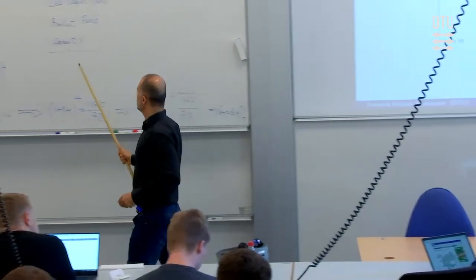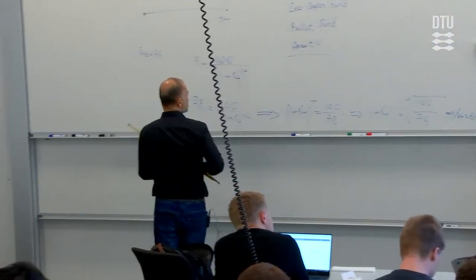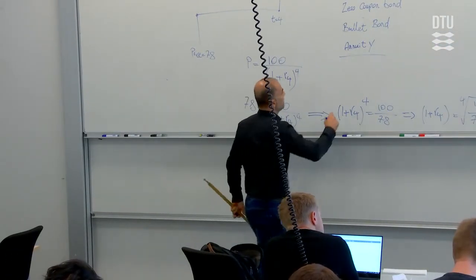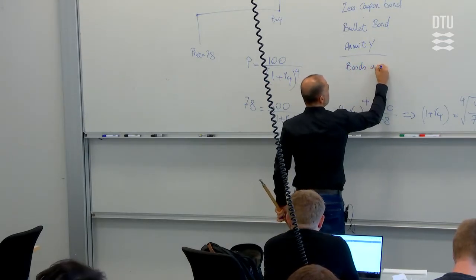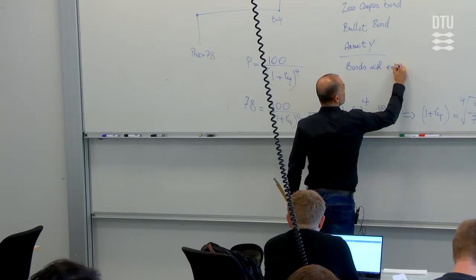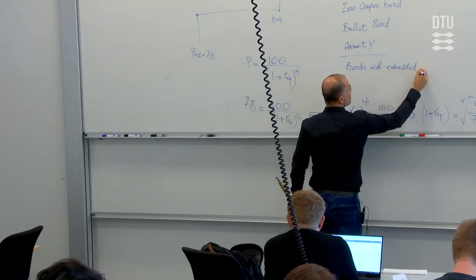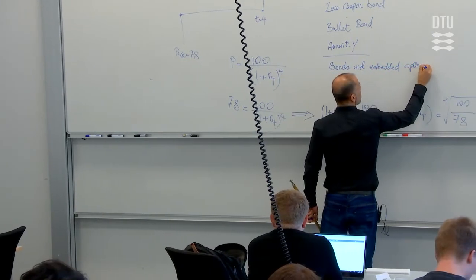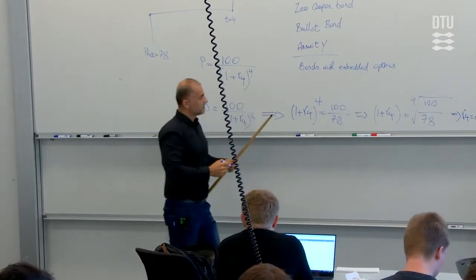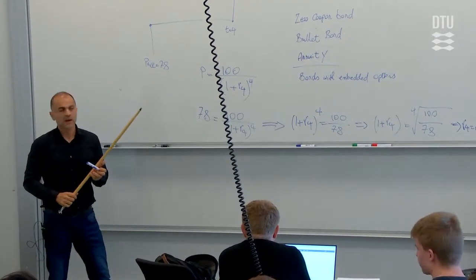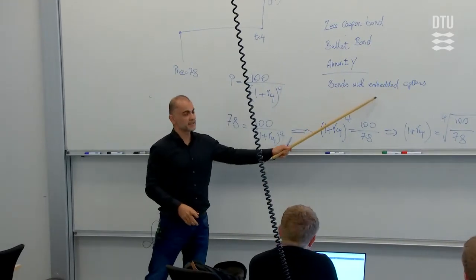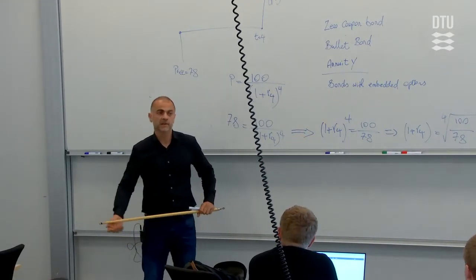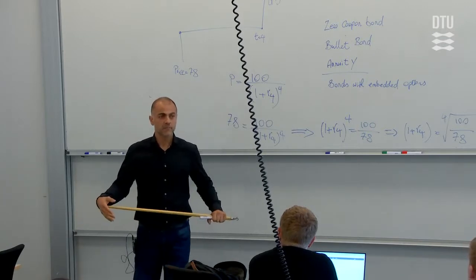So I want you to read about annuities, and then you have structures where you have bonds with embedded options. You have cases like mortgage-backed securities, which is a specific example of this, that can have some embedded options in them.